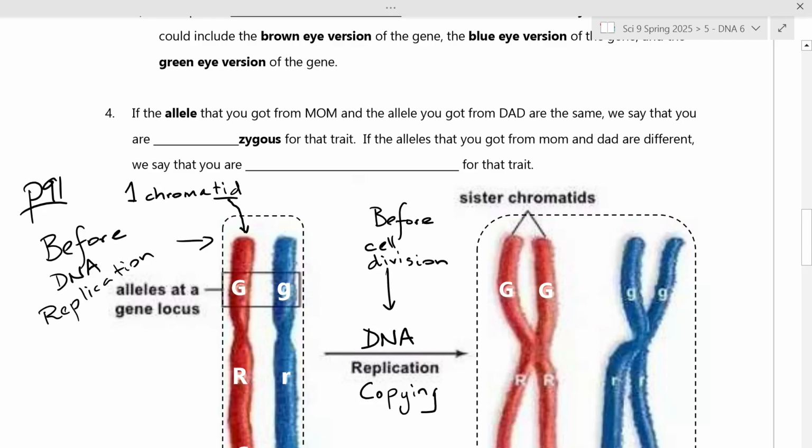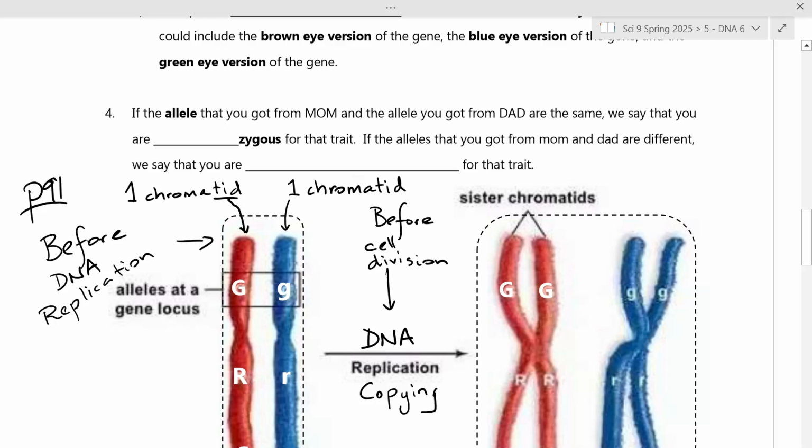Chromatid. 1 chromatid. It's a chromosome, but it is unreplicated.